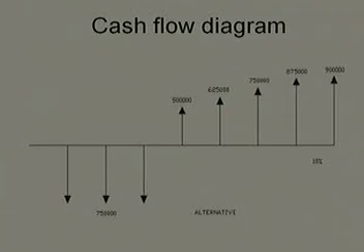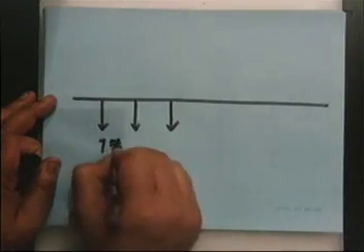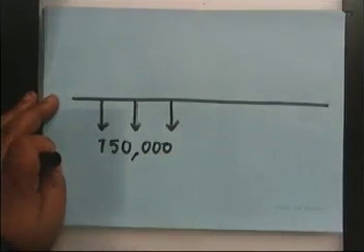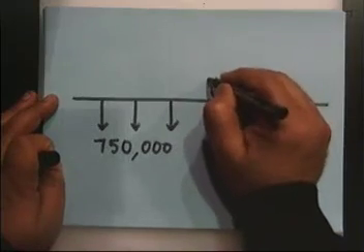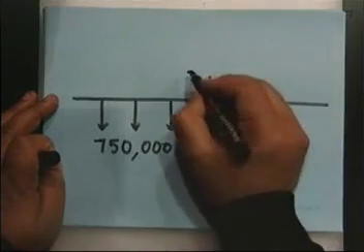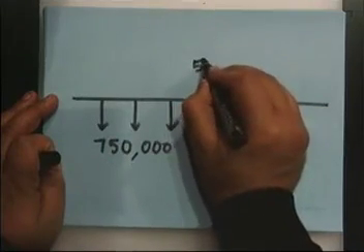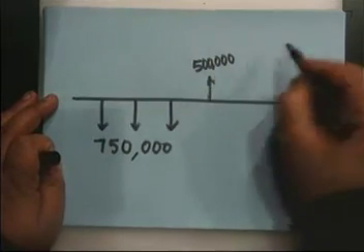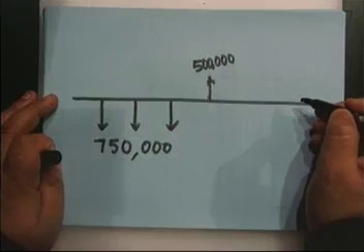In years 1, 2 and 3, you have to invest rupees 750,000, and this is going to give you rupees 500,000 here, which is going to increase every year by 125,000.